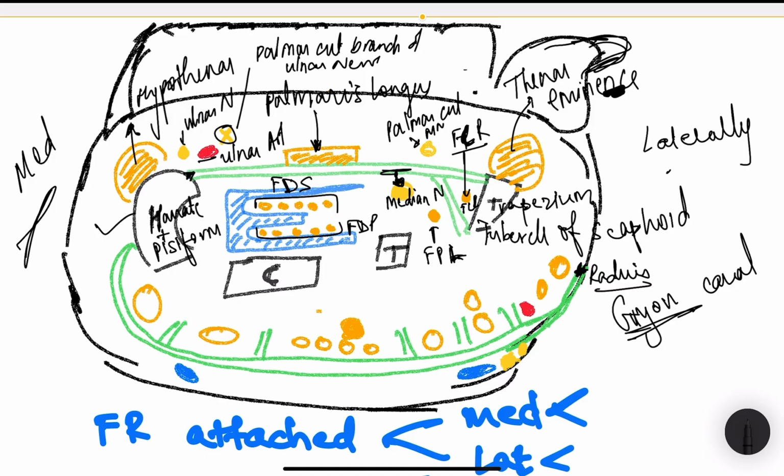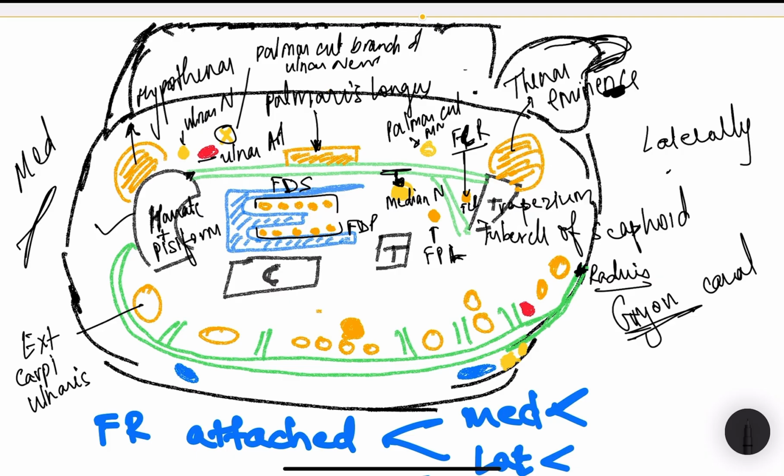Now the extensor retinacula that we are talking about divides it into 6 compartments, and let's look at the muscles in each compartment from medially to laterally, right? Now medially we have the first extensor, which is called extensor carpi ulnaris.